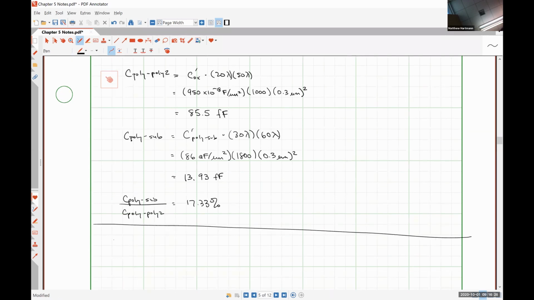So the capacitance of a poly to poly 2 capacitor varies with temperature and voltage.